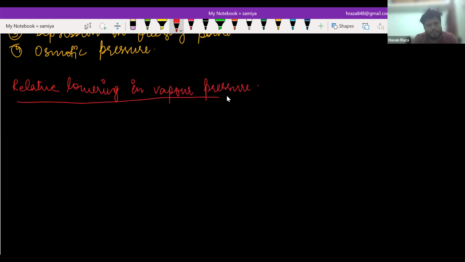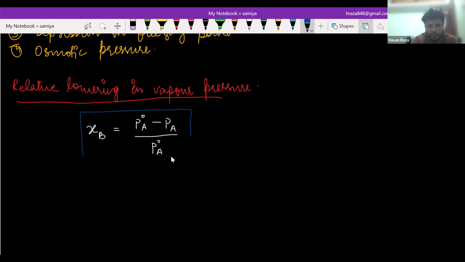This term was introduced when we did vapor pressure of a solution containing a non-volatile solute. So the mole fraction of solute will be equal to the original pressure of A minus the partial pressure of A upon the original pressure of A.